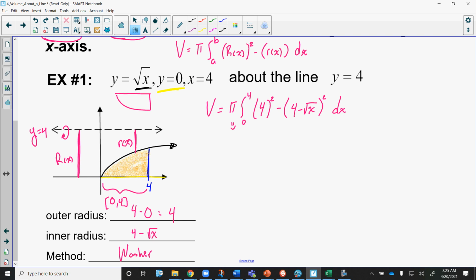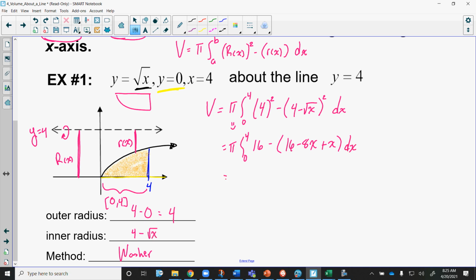And let's just work through it and see what we wind up getting. So pi, 0 to 4, this will be 16 minus, in parentheses here, we will get 16 minus 8x plus 1x, dx.